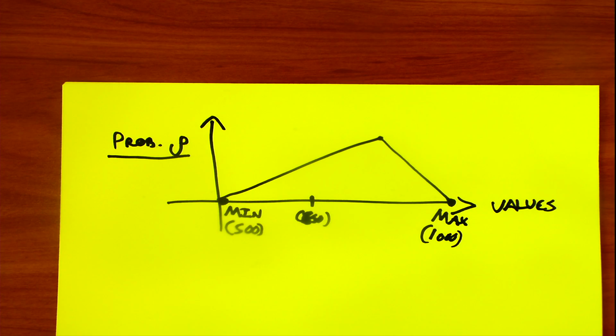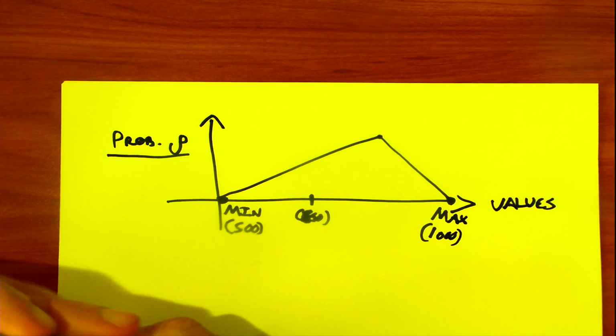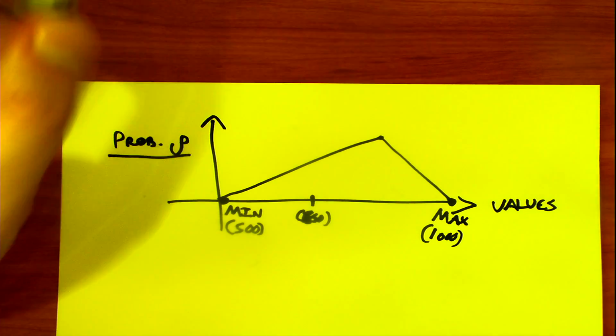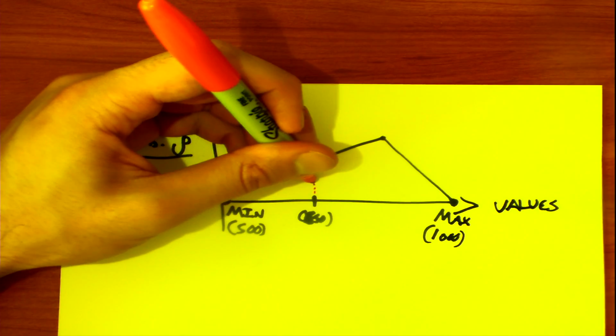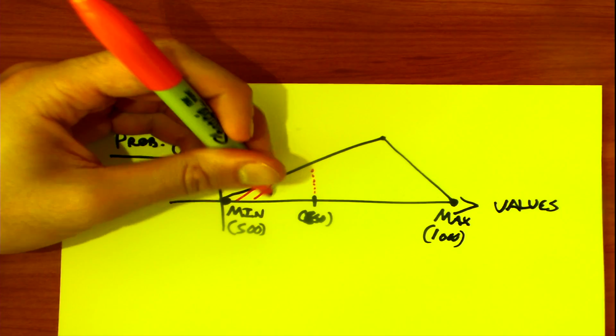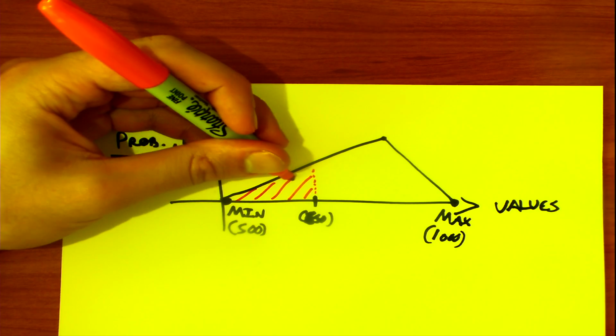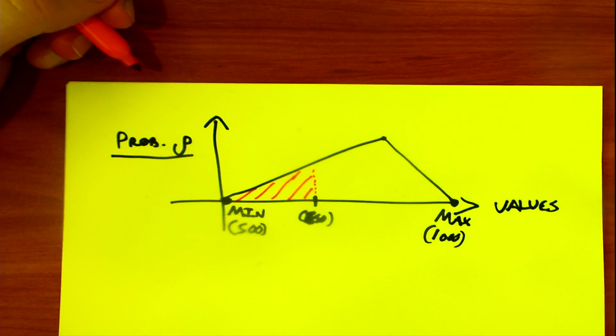Therefore, area corresponds to probability on a probability density function. So we need to integrate. If I wanted to find the probability of getting any number less than 650, I'd have to find the area of the curve to the left of 650.